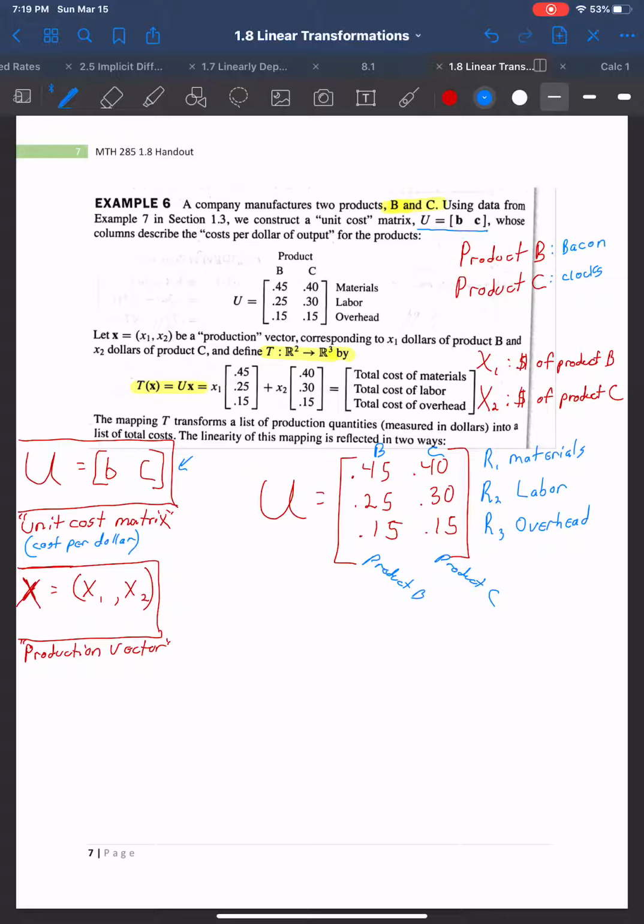A unit cost is just a cost per dollar, the cost per dollar of production. The columns describe the cost per dollar of output for these products. So let's look at your costs. You have to make your bacon and clocks. You've got material, labor, and overhead.